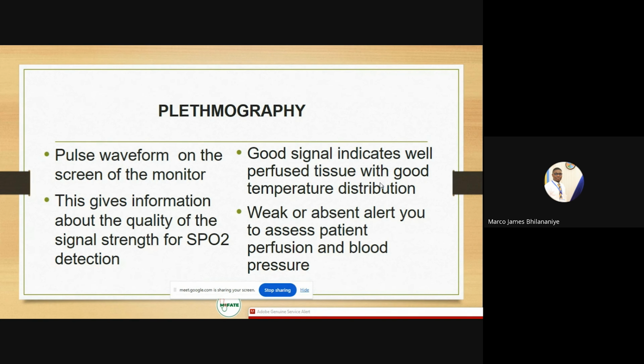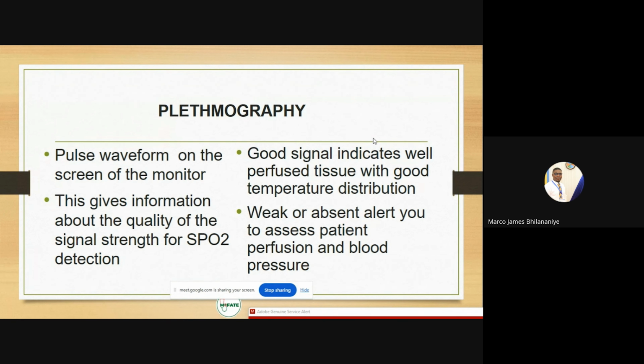The next slide. So we are talking about the connection of the pulse oximetry and the heart rate. From the monitor, due to that connection from the pulse oximetry, we're looking for the graph presentation, which is known as the plethysmograph. This is a pulse waveform on the screen of the monitor. This gives information about the quality of the signal strength of saturation detection.